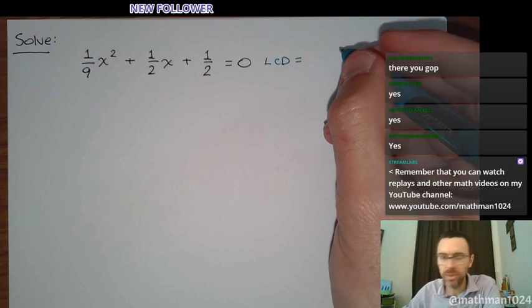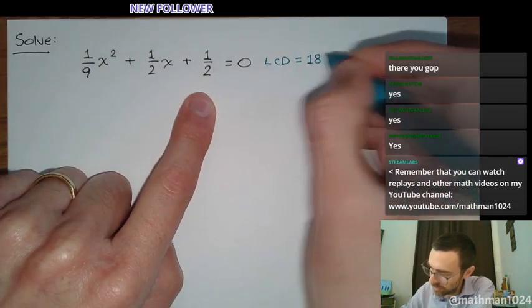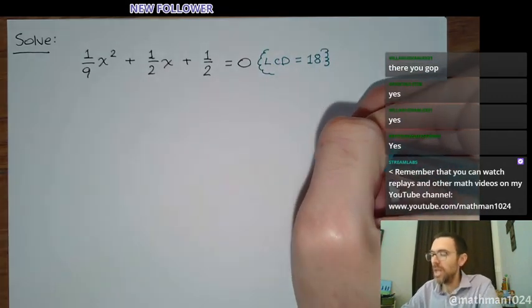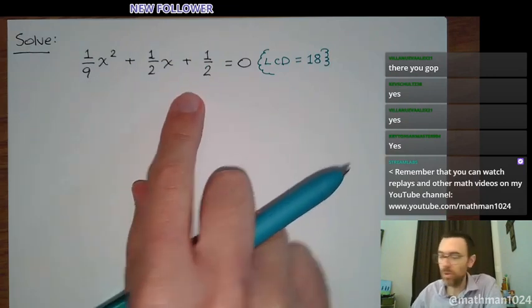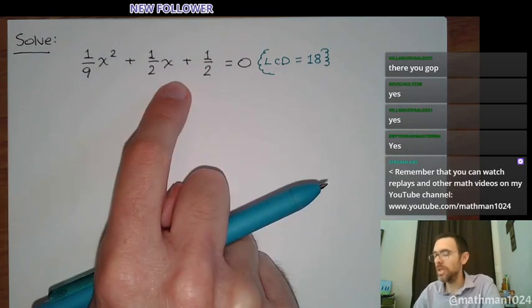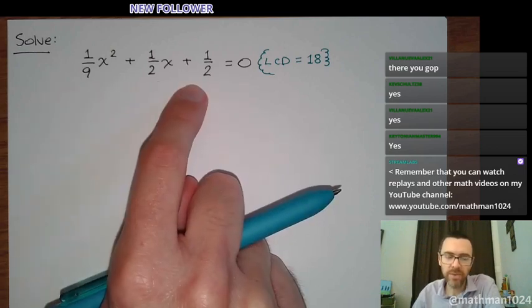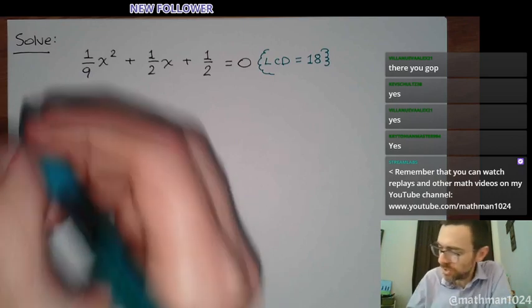So in this problem, the common denominator for everything is 18. And I've got 2 options here. I can multiply every term by 18, or I can get everybody to have the common denominator of 18. Either way, it's still going to work out to be the same. So let's multiply everything times 18 and see what we get.